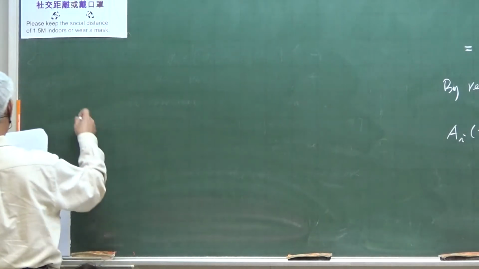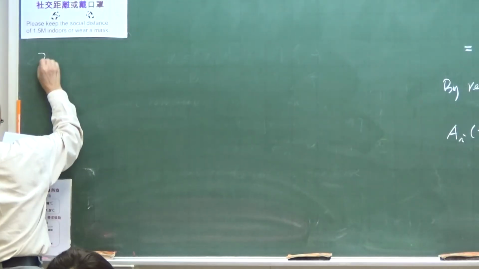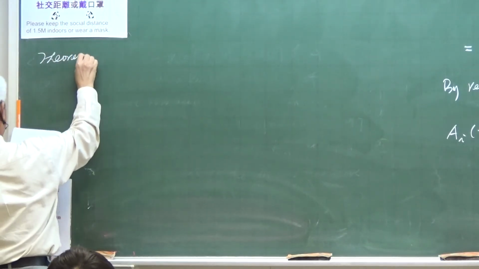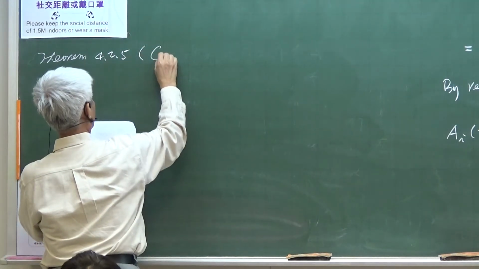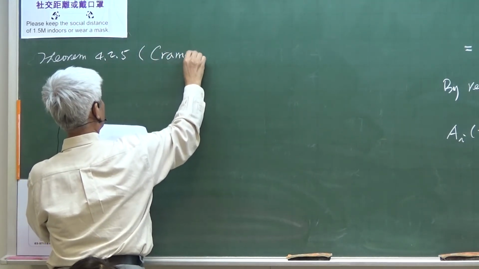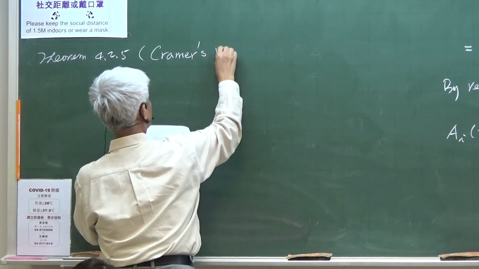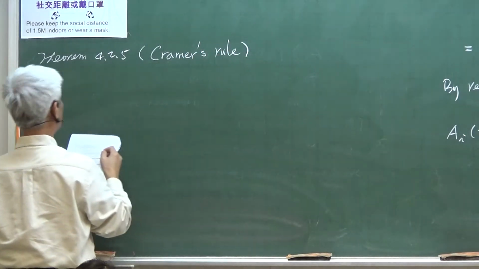Alright, so we are now able to prove Theorem 4.2.5, also called Cramer's rule. Cramer's rule. Okay.